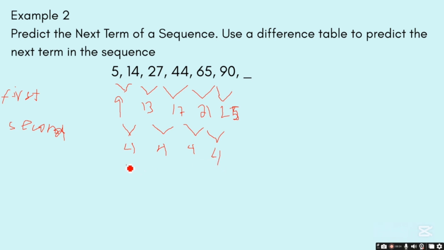So in this case, they are equally the same difference, so we can now find the missing term. 4 plus 25 plus 90 plus 90 is equal to 119. So this is the answer.